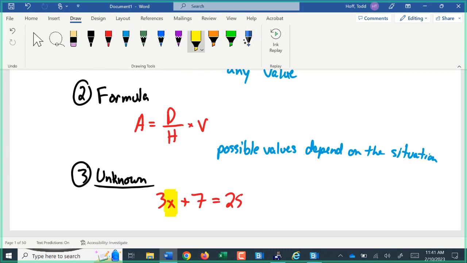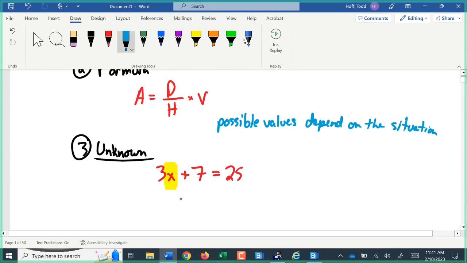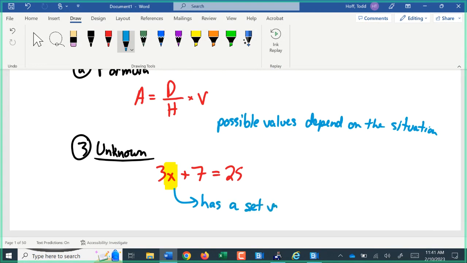Here, that variable has a value. It already has a set value. We just don't know what it is, but we can find it. And that's what we're going to be doing with those, finding those set values when we get to it.